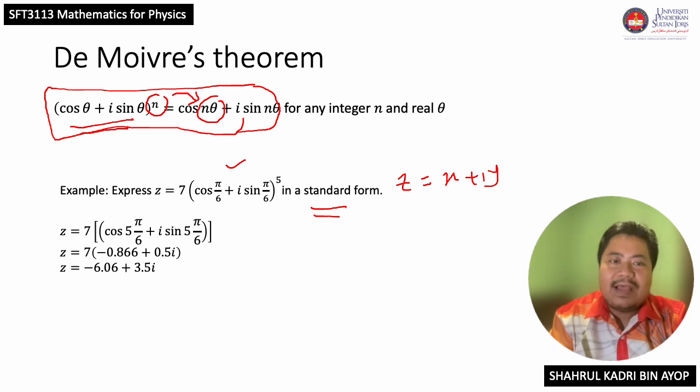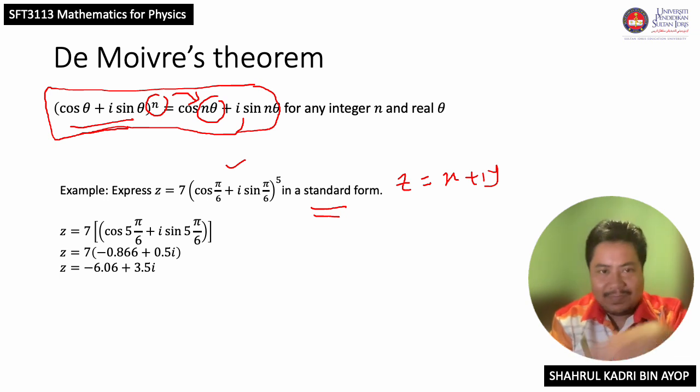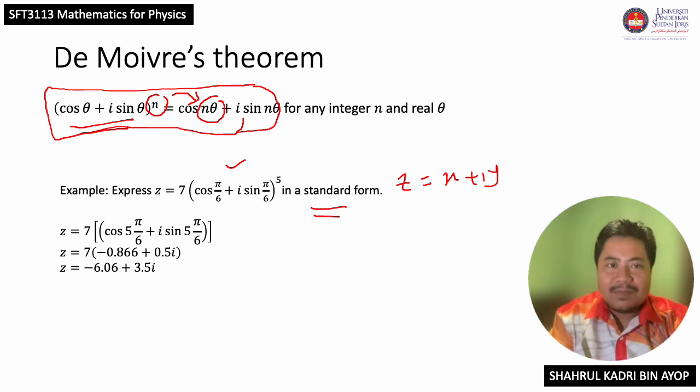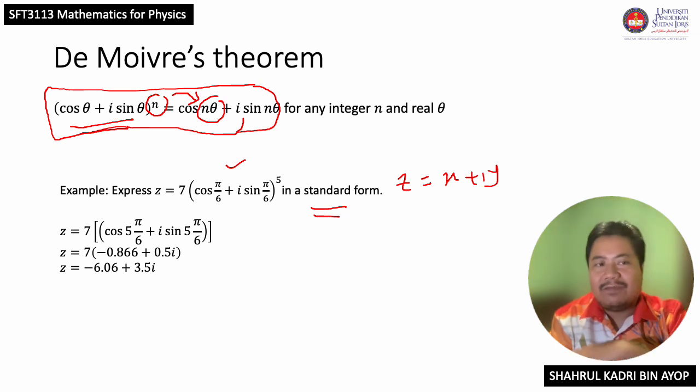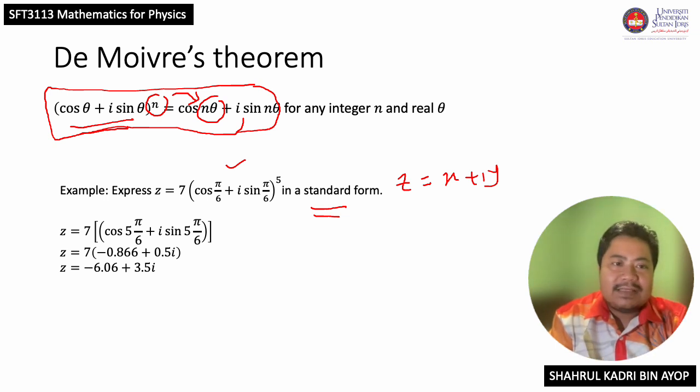So we want to transform this polar form into standard form. Because this is powered by 5, what we can do is multiply the argument by 5. Then you calculate, and you get the result in polar form.